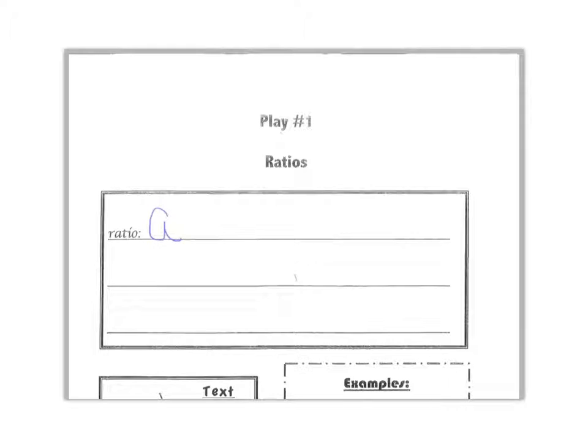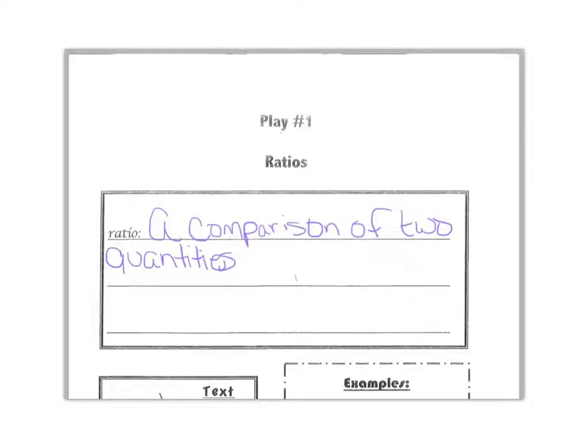A ratio is a comparison of two quantities represented by division.